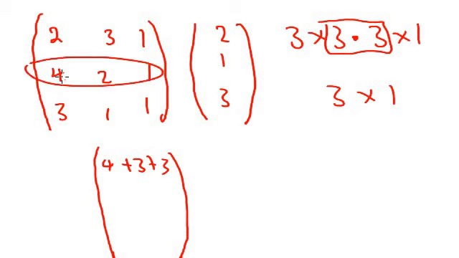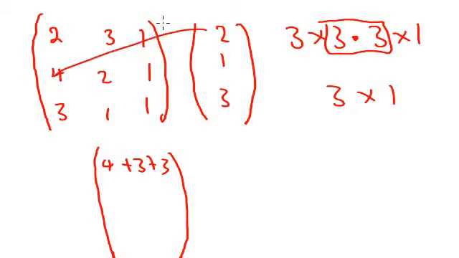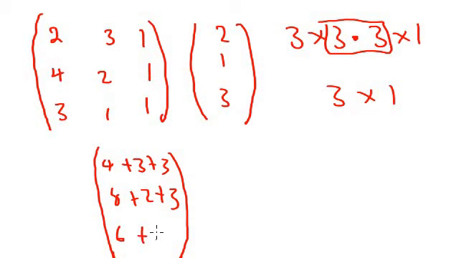So second row now, 4 times 2, that's 8. Plus 2 times 1, that's 2. Plus 1 times 3, that's 3. To the third row, 3 times 2, that's 6. Plus 1 times 1, that's 1. Plus 1 times 3, that's 3.